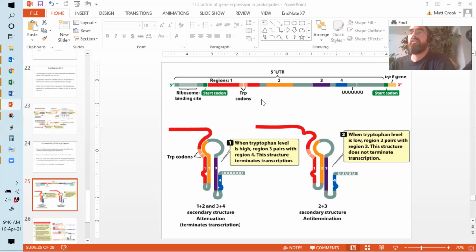So essentially, if tryptophan is present, tRNA is available for adding tryptophan where these TRP codons are. And that ribosome will move over into this region here, right? So it will cover 1 and 2. Does that make sense?